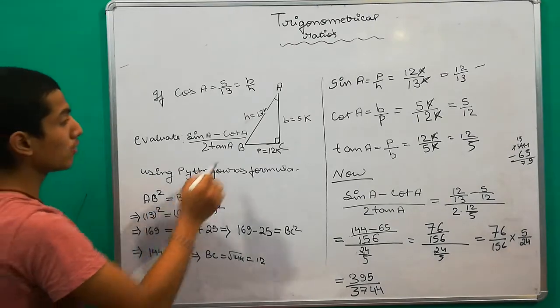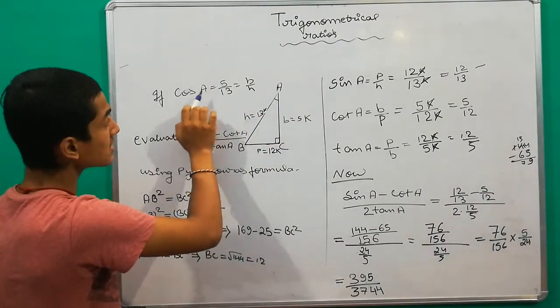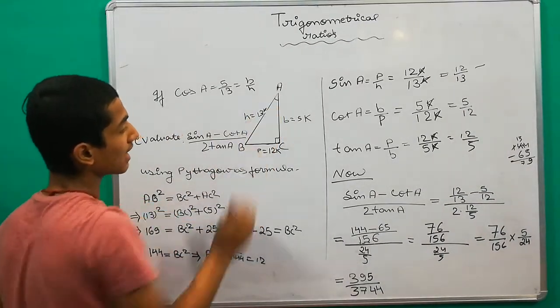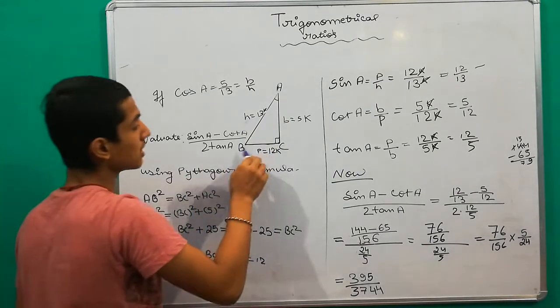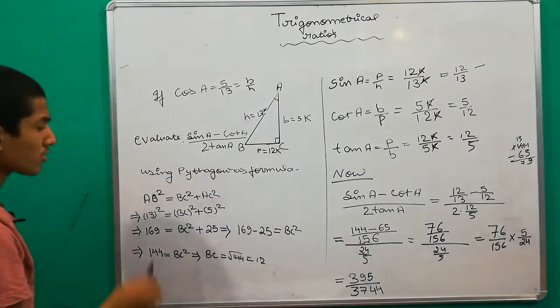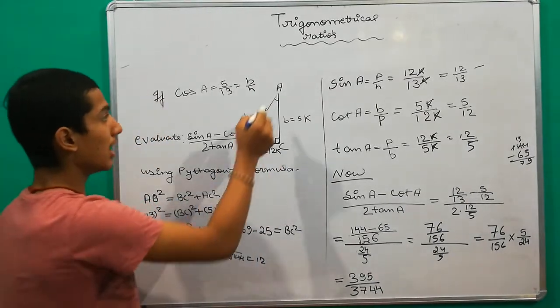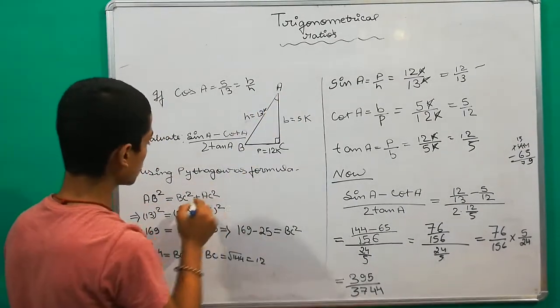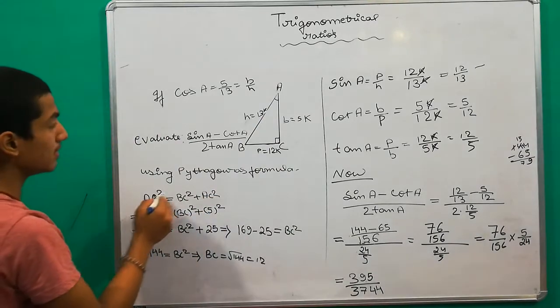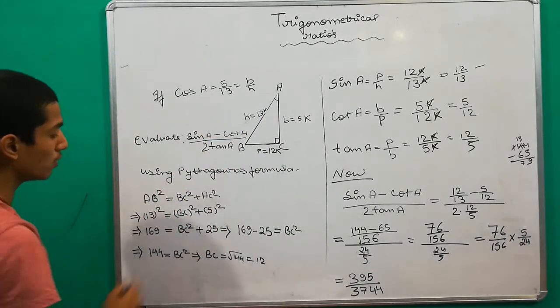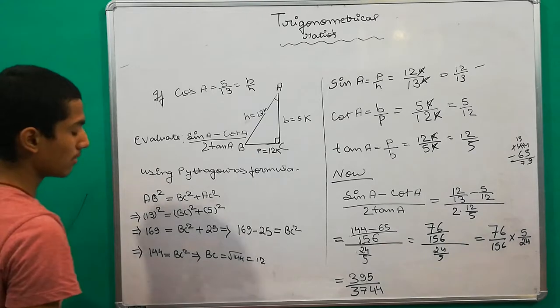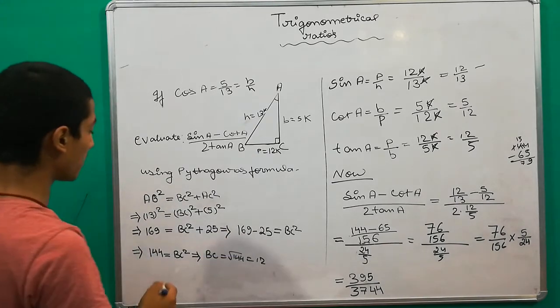Here cos A is given, so we will consider angle A. If cos B were given, we would consider angle B. For angle A, the perpendicular is BC, the base is the adjacent side AC, and AB is the hypotenuse. So we will put in the values and simplify.